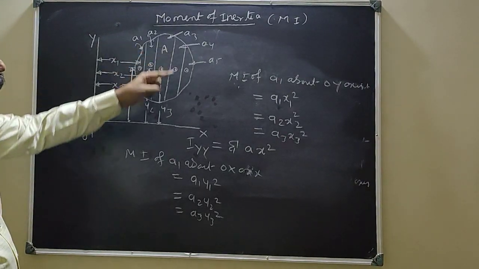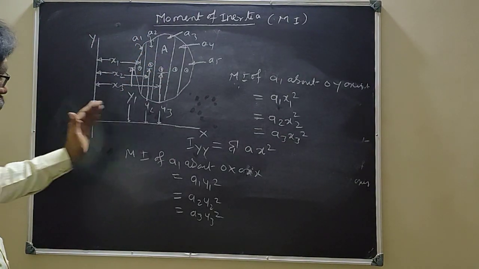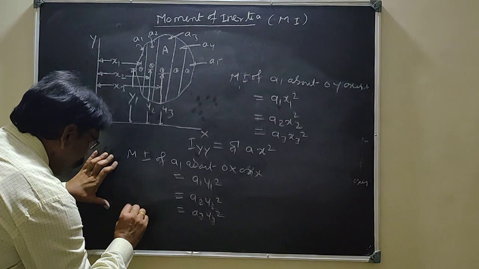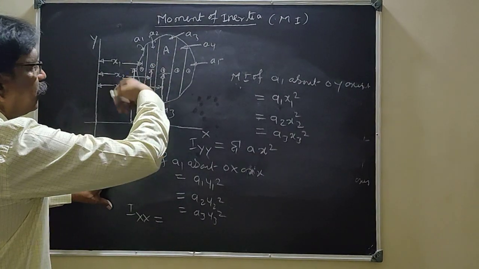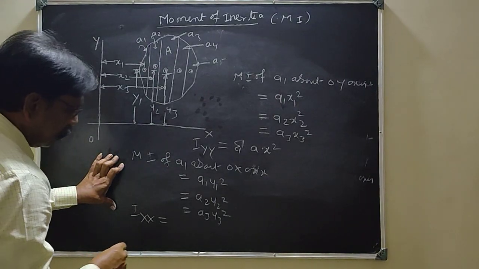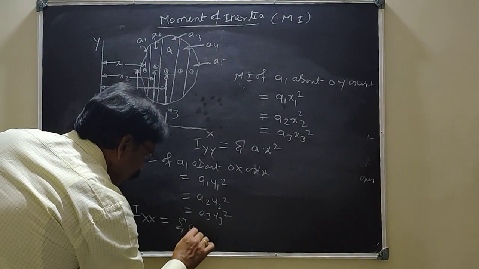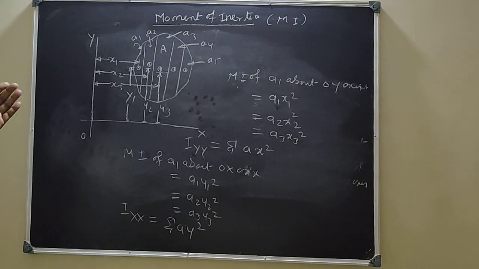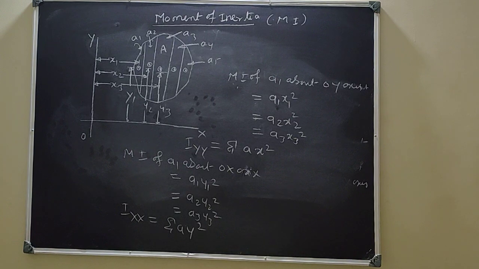That means the total moment of inertia of this total area about the OX axis is the summation of all these, so Ixx is equal to sigma A y square. So by splitting this area into a number of components, taking the moment of inertia of all these elemental strips about the reference axis and summing up, that will be the total moment of inertia of that object about the reference axis.